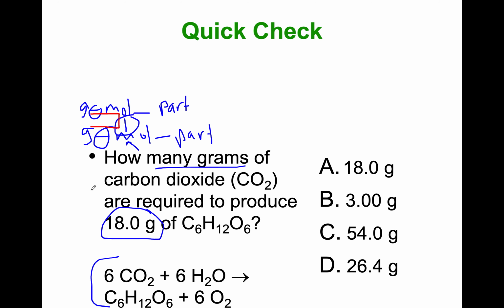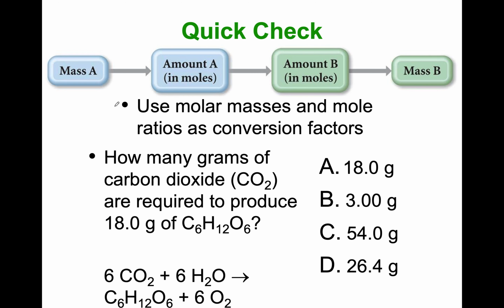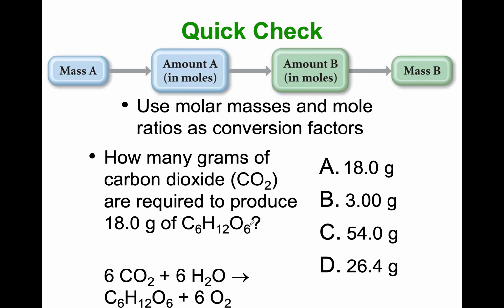So that's our roadmap. And so you can see here, mass, moles, moles, mass. That's what we're looking for in this roadmap. So go ahead and pause, calculate, see what you get for grams of CO2.